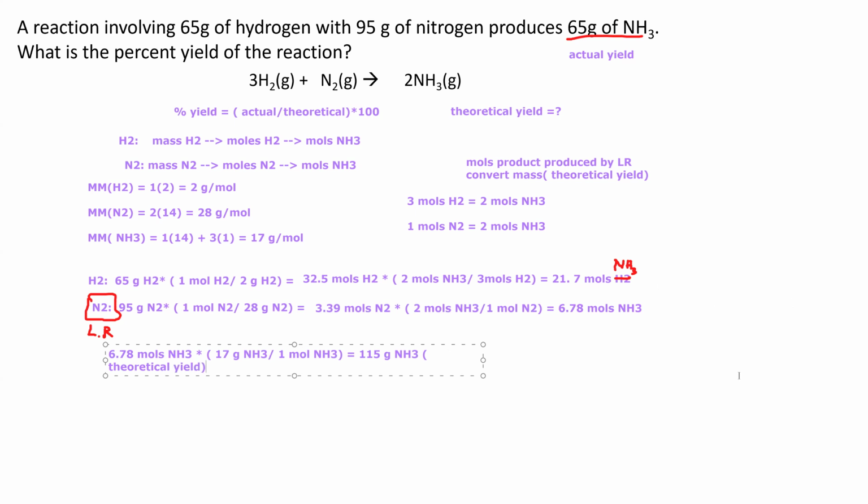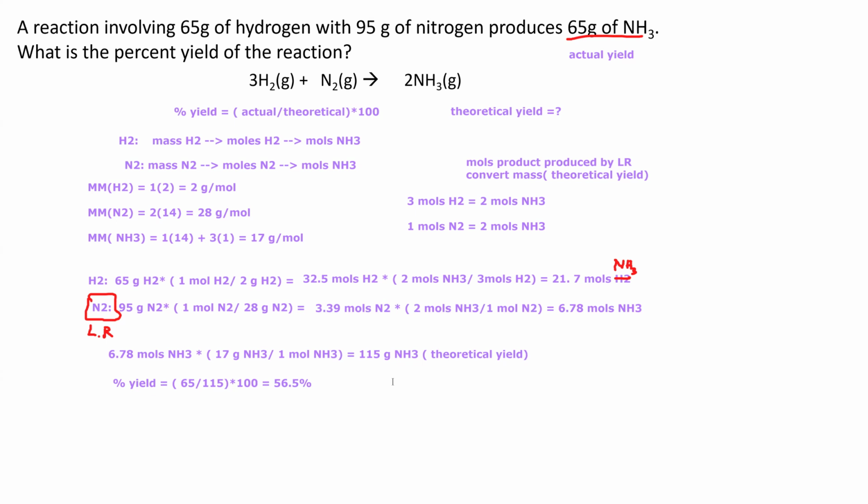So now we know our theoretical yield, we have our actual yield, we can calculate the percent yield. We get a percent yield of about 56.5%.